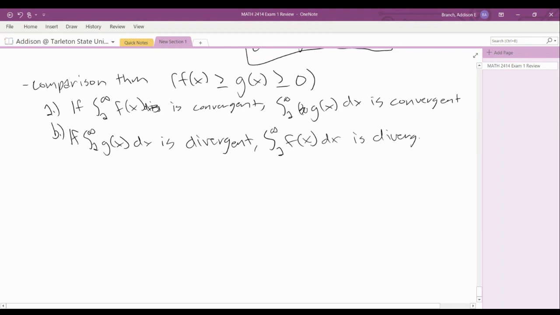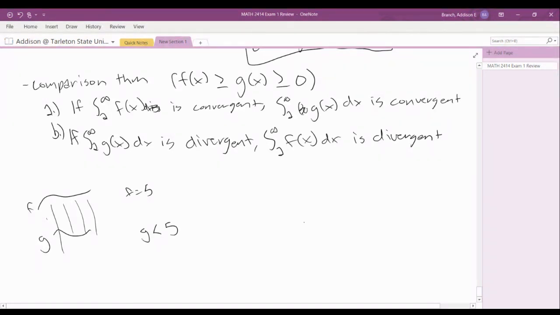This is essentially because if we have two functions, f and g, and we know that the area under f is, let's say, 5, g would have to be some finite number, because it wouldn't make sense for f to be bigger than g and then the area under g is infinity whereas f is 5. g would have to be less than 5.